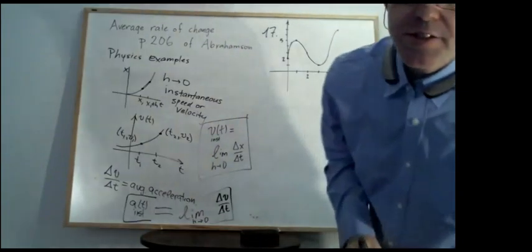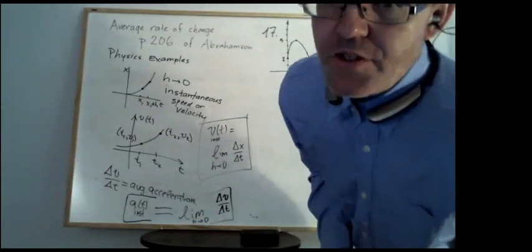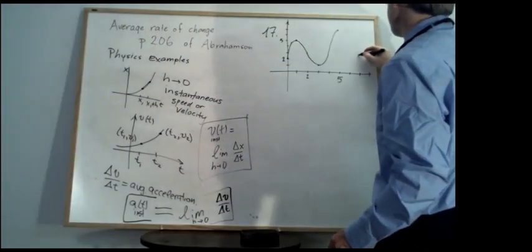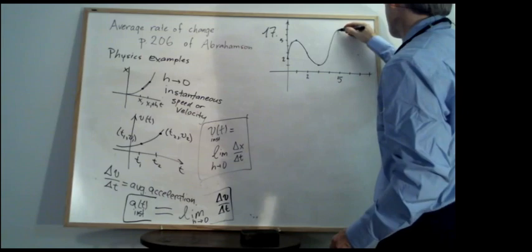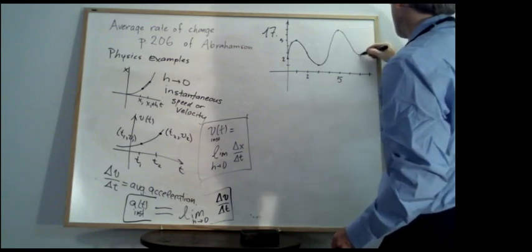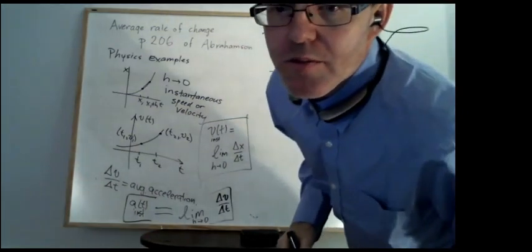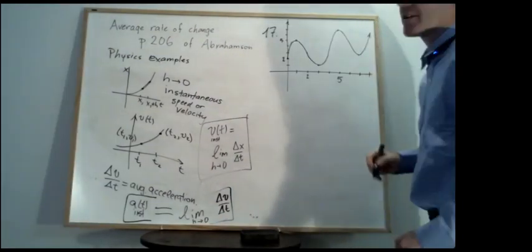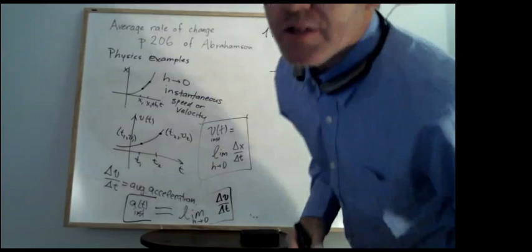And down to 3 at x equals 7. And then back up. It seems like it continues going up after that. And here it goes down.